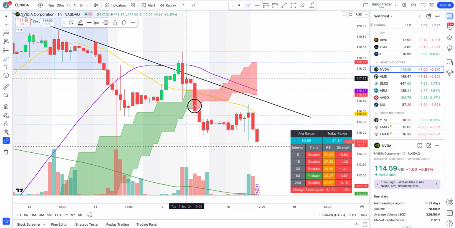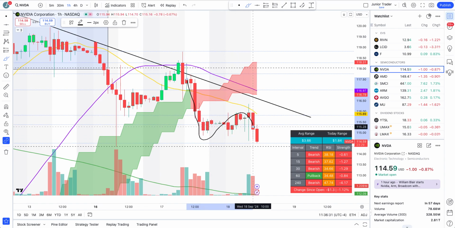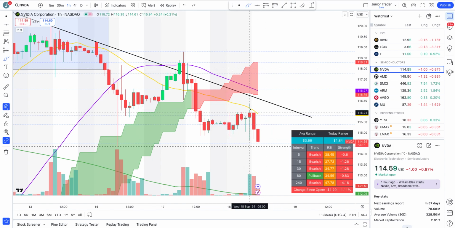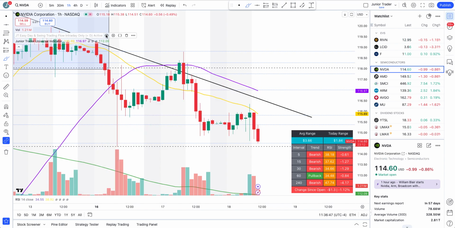Price action stayed bearish. So this helps you also to know that intraday, because it's red all over the place, because things are remaining negative here, bearish here, you're most likely better trading the downside game, right?